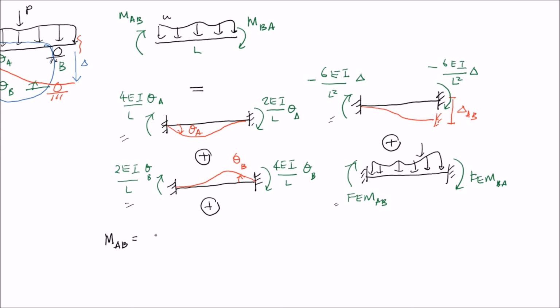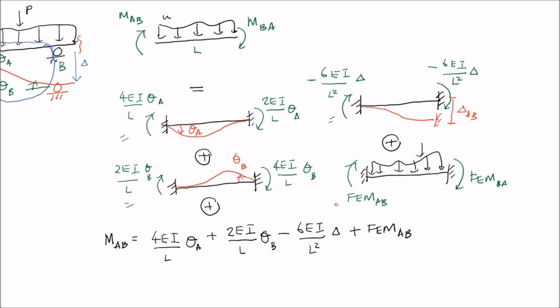So you will get 4EI over L theta A plus 2EI over L theta B. All of this I got from the force method. Then minus 6EI over L squared delta, and then plus the fixed end moment at AB.